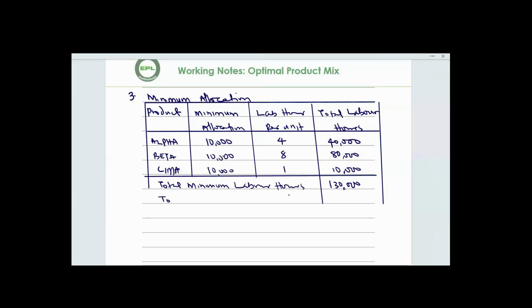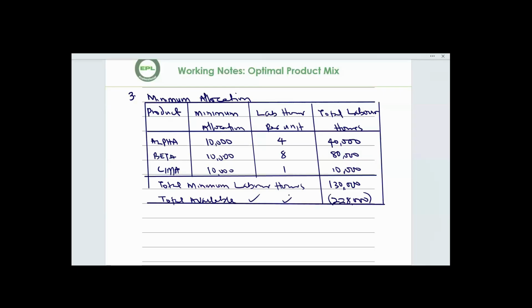So the total, you then compare this with the total available labor hour, which is 228,000. So the difference is what we are going to allocate out.